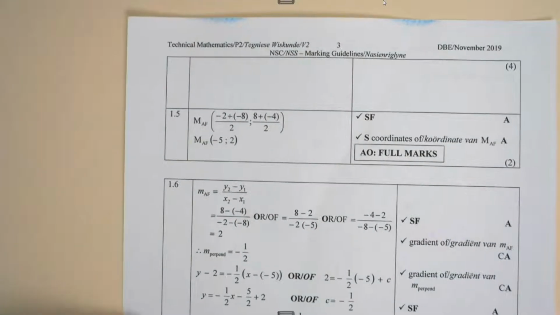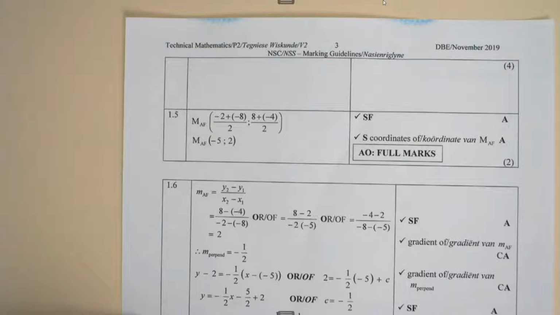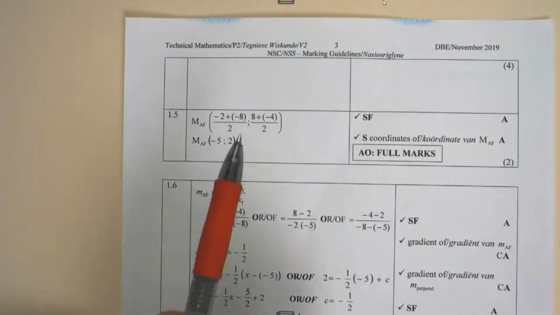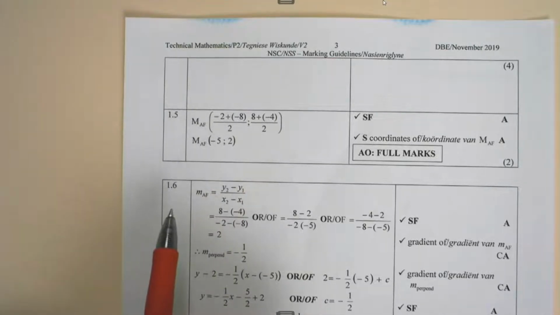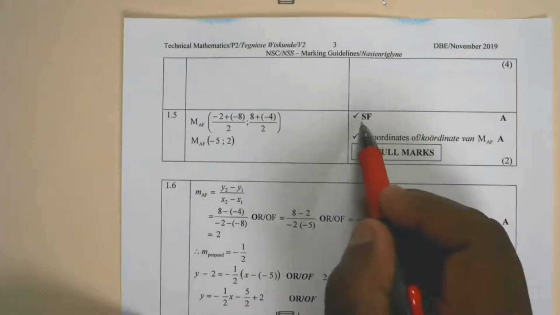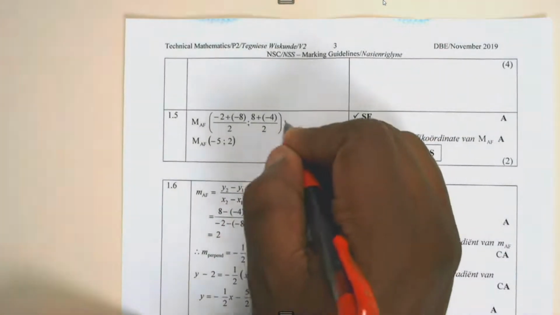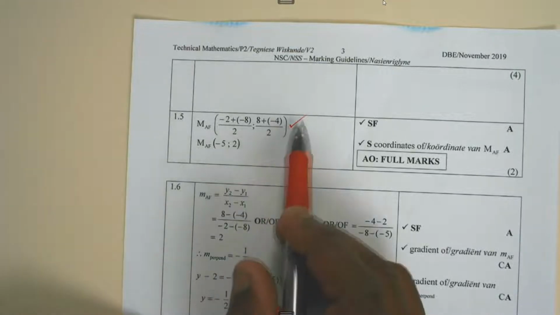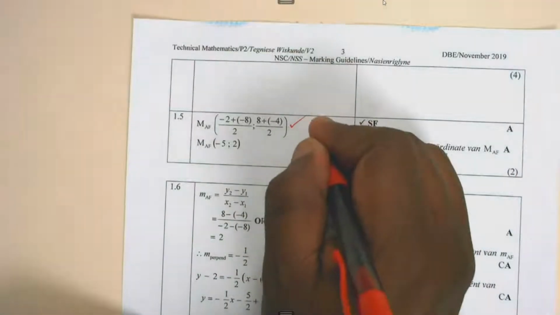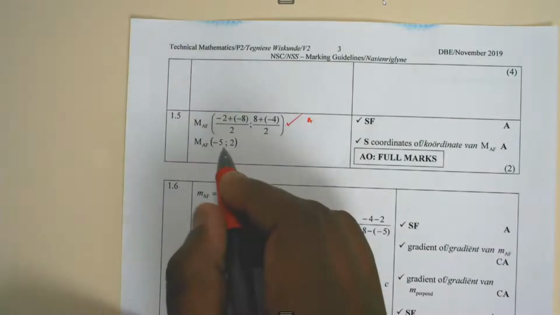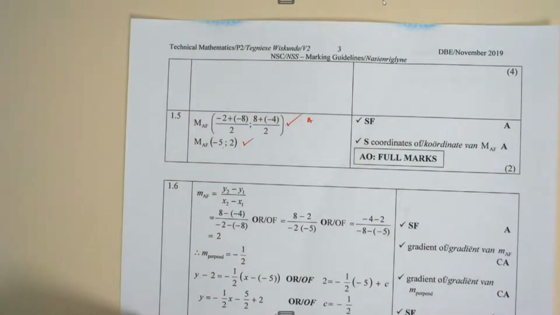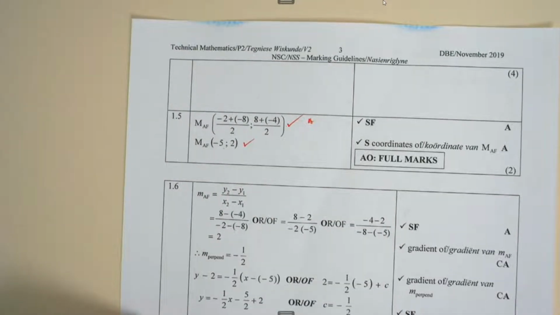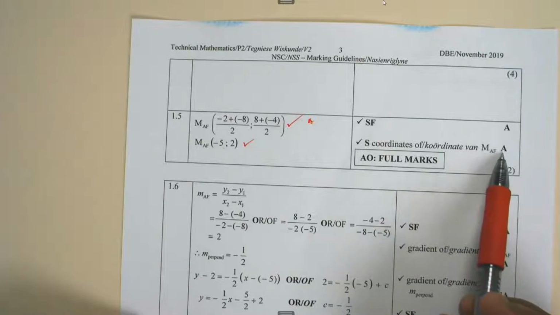In 1.5, learners were required to find the midpoint of AF. Now the first mark is substitution in the correct formula. And substitution in the correct formula becomes an accuracy mark, and then the midpoint. And the midpoint, in this case, is not a CA mark, it is also an accuracy mark.